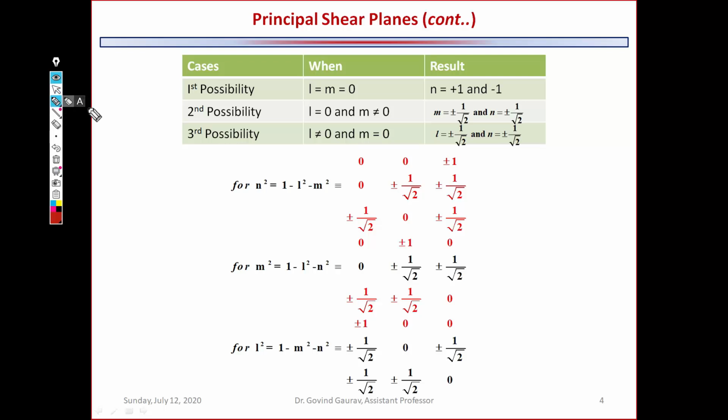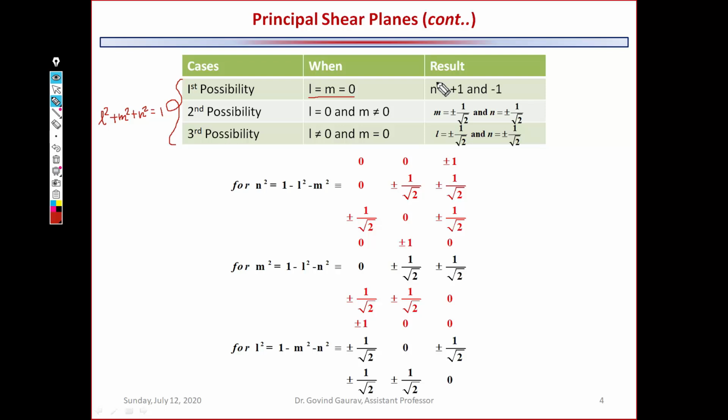So we know the relationship between the direction cosines as L square plus M square plus N square is equal to 1, and we need to substitute the values of L square, M square and N square one by one, so we can have altogether three different possibilities to calculate the values of L, M and N. The first possibility is when we select L and M as 0.